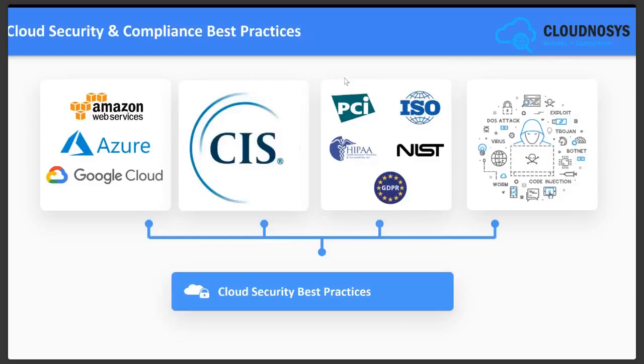So looking at things like PCI, ISO, HIPAA is important, especially the 2 security frameworks, which are ISO and NIST. You should be looking at them very closely. And then of course, you should all be looking at novel ways that people are hacking into public clouds. So you need to keep track of those as well.